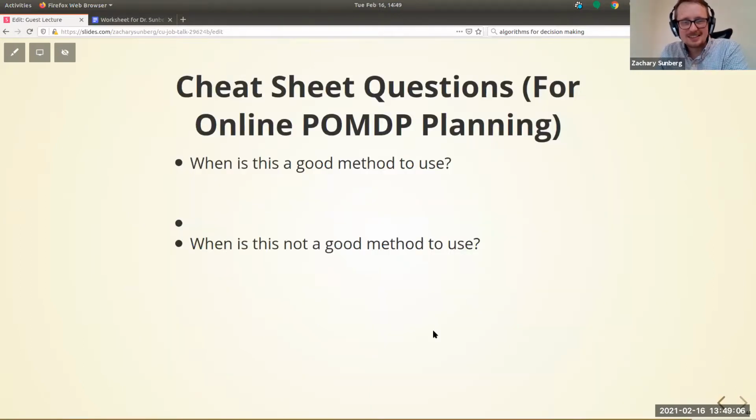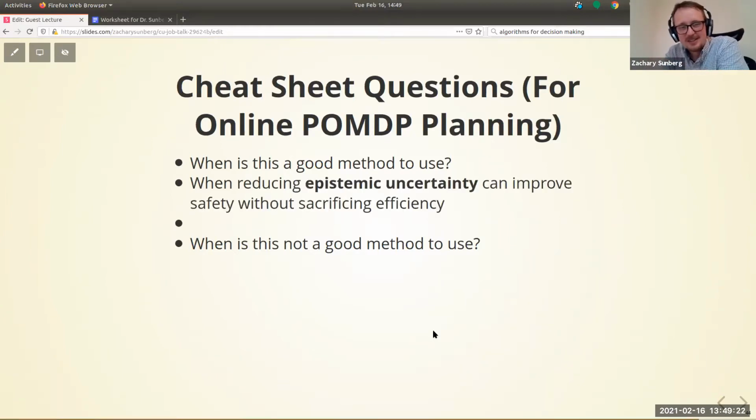Okay, so the last things I'm going to cover are these cheat sheet questions that Sylvia asked me to talk about. This is for online POMDP planning. So one is, when is this a good method to use? I would say the answer is when reducing epistemic uncertainty can improve safety without sacrificing efficiency.